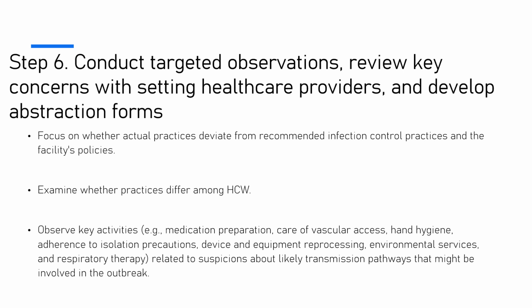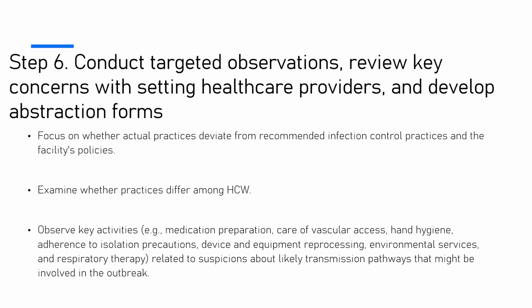You will see if the healthcare workers are doing different types of practices. So for example, we need to observe key activities, which are medication preparation, care of vascular access, hand hygiene, adherence to isolation precautions, device and equipment reprocessing, environmental services, and respiratory therapy.